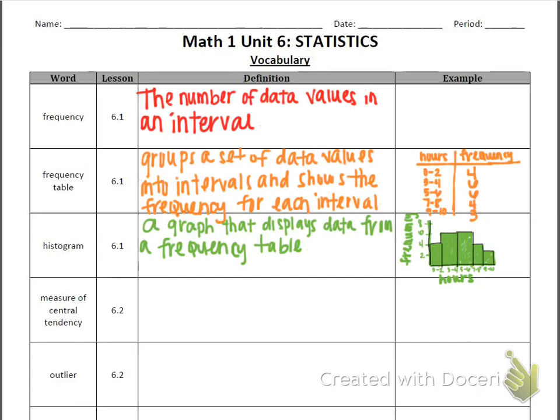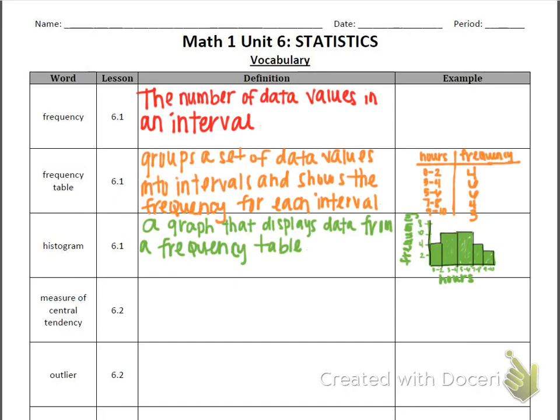So we're going to be looking at data, and I'm going to have you guys make a couple histograms, but we're also going to be looking at what is called the shape of the histogram and what that tells us about the data. And on the tests and quizzes, I'll forewarn you, I'm not going to ask you to make a histogram, but I will give you one and ask you to give me information.